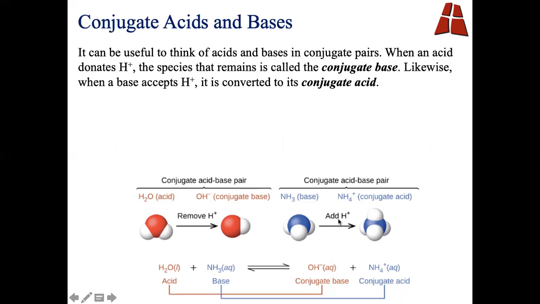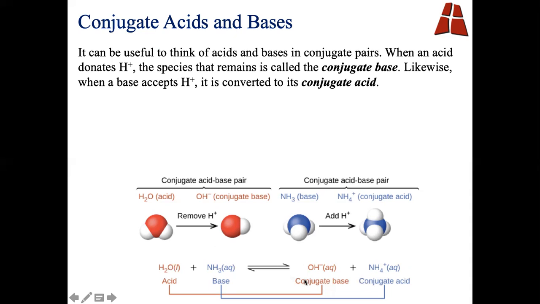Okay, and in fact, let's do it right now. It can be useful to think of acids and bases in conjugate pairs. Anytime we have an acid-base reaction, we would identify our acid and our base on our reactant side. And then on the product side, we're also going to have a conjugate base and a conjugate acid.